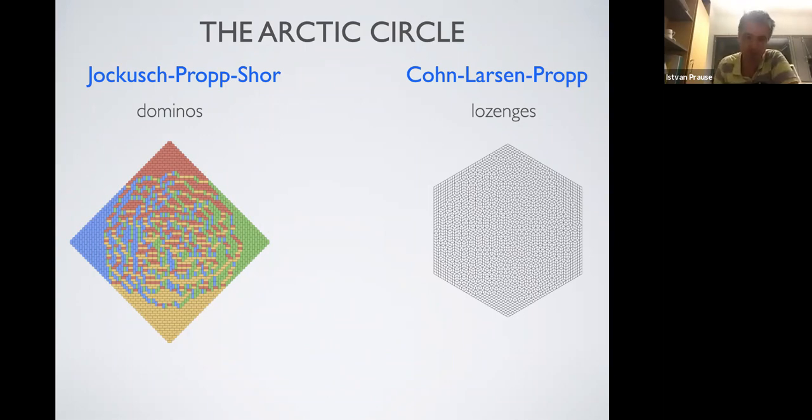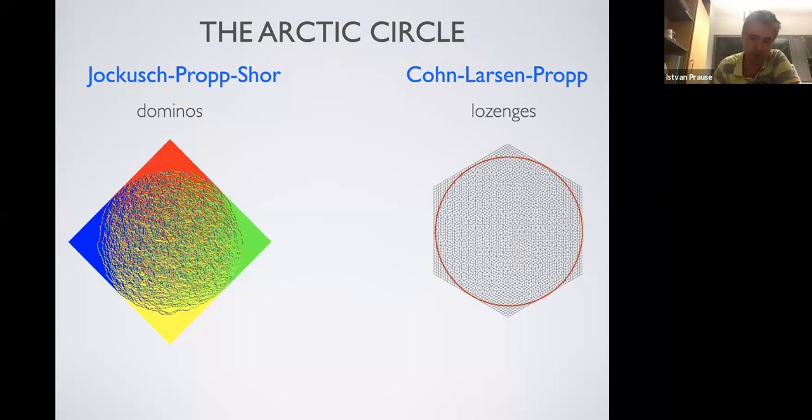And this is a uniformly random picture. In the limit, one observes a perfectly round circle inscribed in this square, and then you have these frozen parts in the corners. And similarly for lozenges, if you tile the regular hexagon, again you have frozen facets and the inscribed circle.